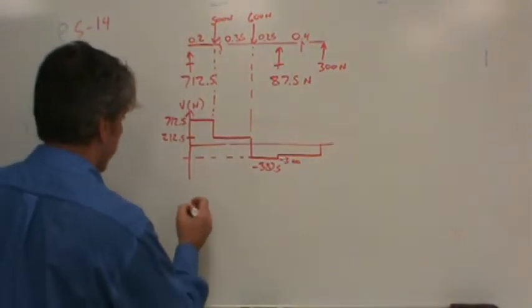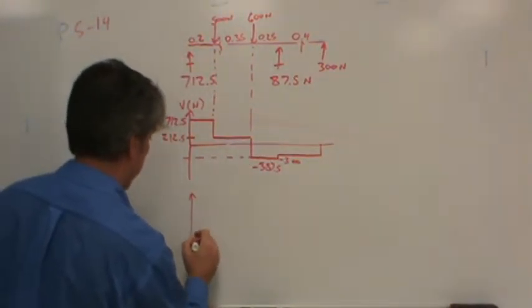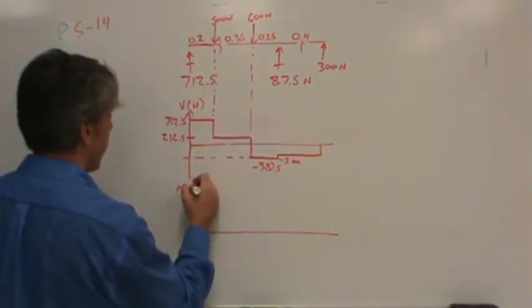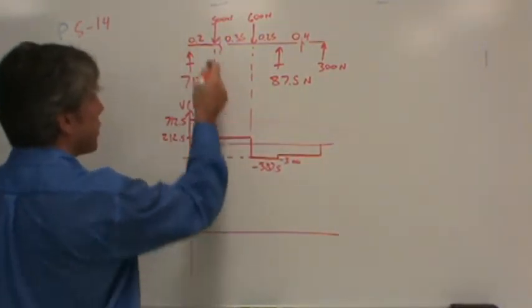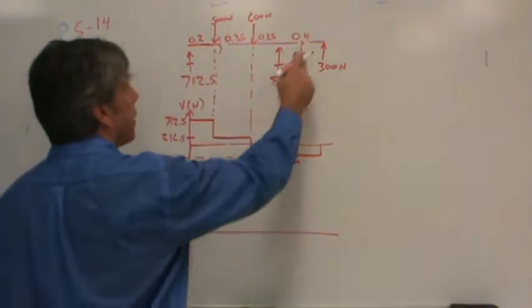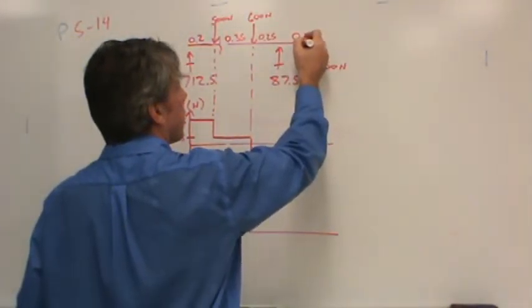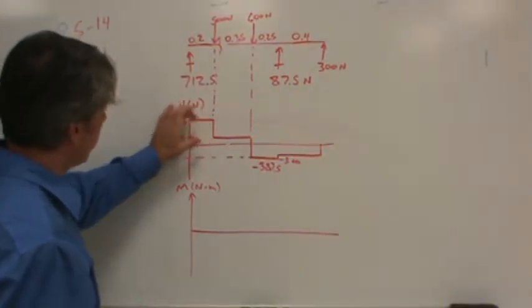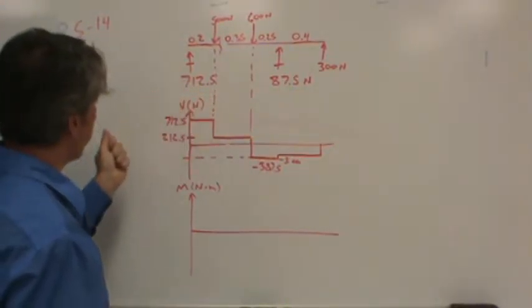All right, let's get the moment. The moments would now be in Newton meters because I changed my distances to meters. I did not use the millimeters that were given. To calculate the magnitude of the moment, all we need to do is calculate some areas.